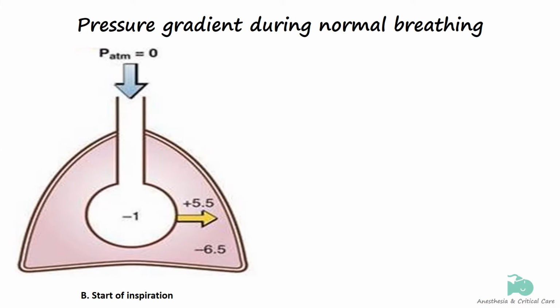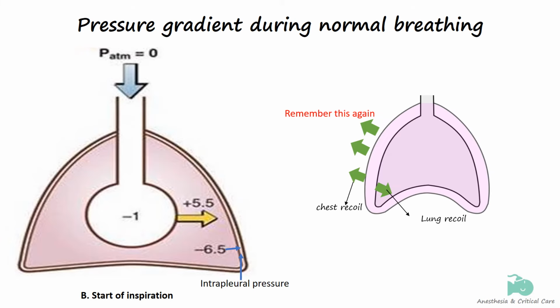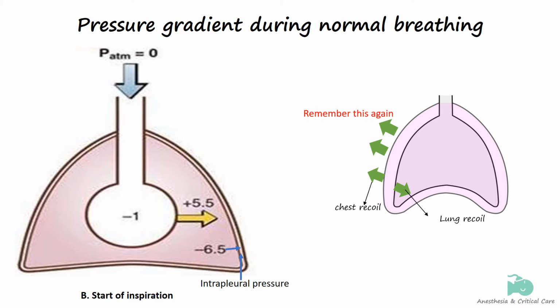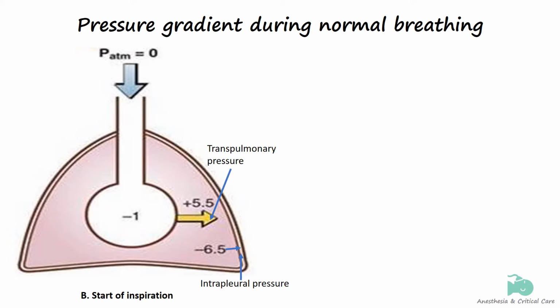As inspiration begins, the muscles of inspiration work to expand the thorax. Thoracic cage expansion pulls the parietal pleura outward, further reducing the intrapleural pressure. As the pleural pressure drops, the transpulmonary pressure gradient widens, causing the alveoli to expand. As the alveoli expand, alveolar pressures drop below mouth pressures.